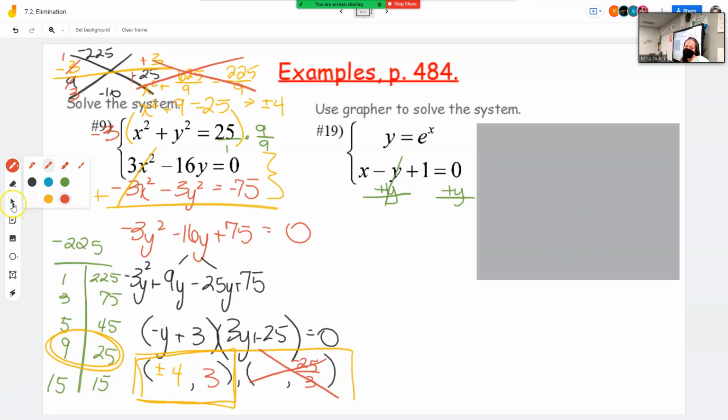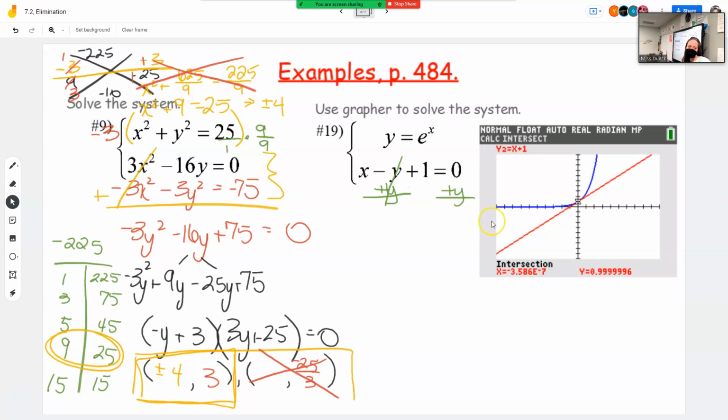And we did get to, I think I have the picture right here. There he is. But what happens if you do use the intersection feature and it puts negative 3.586 e negative 7? That's not 0, and that's not 1. Remember, your calculator's limited. It's using lots of different techniques to get these answers.